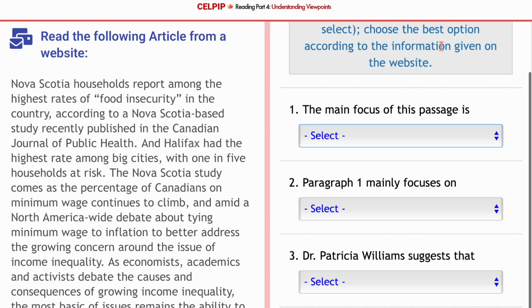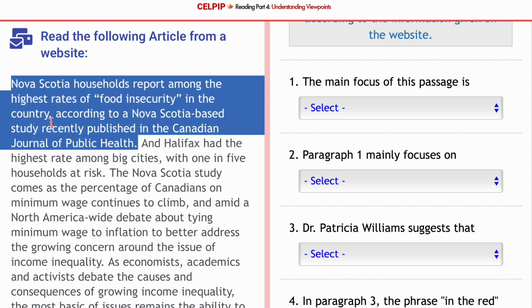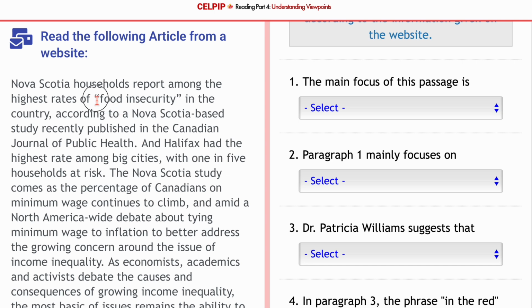So I'm just going to zoom in here, and here we go. Nova Scotia households report among the highest rates of food insecurity in the country, according to a Nova Scotia-based study recently published in the Canadian Journal of Public Health. Well, believe it or not, but yes, we do have food insecurity in Canada. As some of you may know, we do have a large homeless population.